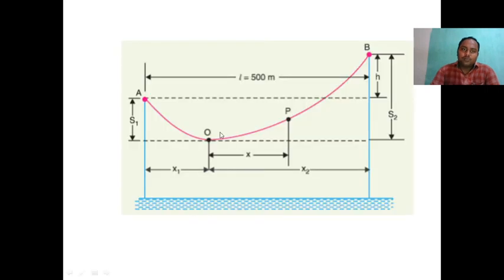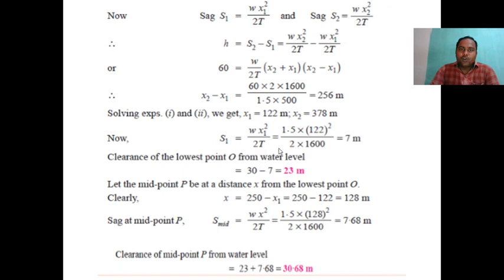So the clearance of the lowest point O from the water level is 30 minus 7, that is equal to 23 meters. Let the midpoint P be at a distance x from the lowest point O. The total length of span is 500 meters, so up to the midpoint it is 250. 250 minus x1 is 128 meters.